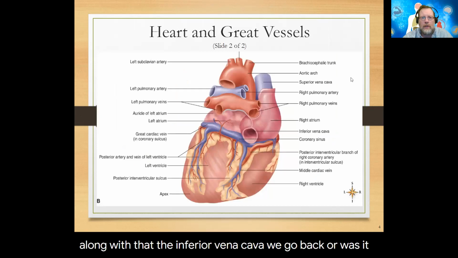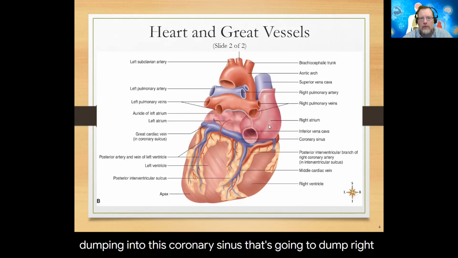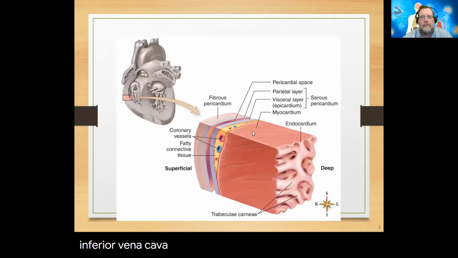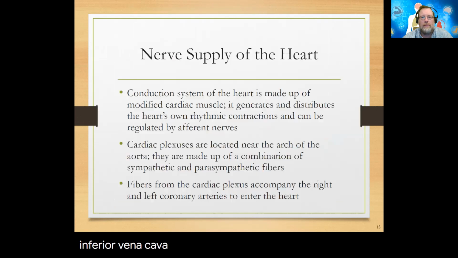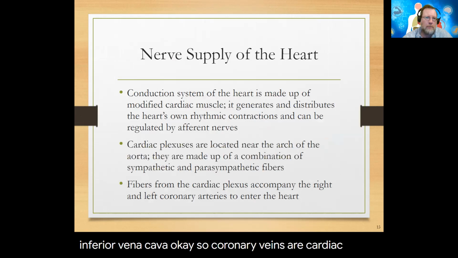You can see the great cardiac vein, with everything dumping into this coronary sinus that's going to dump right into the right atrium. You can see it snug right there with the inferior vena cava. Okay, so coronary veins or cardiac veins.